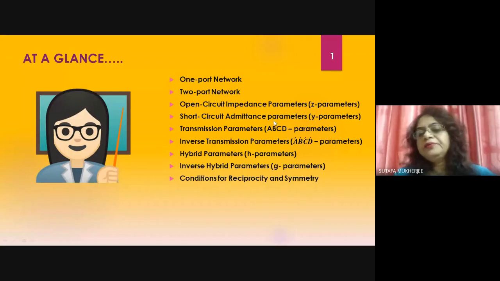In the previous class, we did a problem on Z parameters, where we determined the four Z parameters, Z11, Z12, Z21, Z22 for a particular circuit, and I told you to determine the Y parameters for that corresponding circuit.